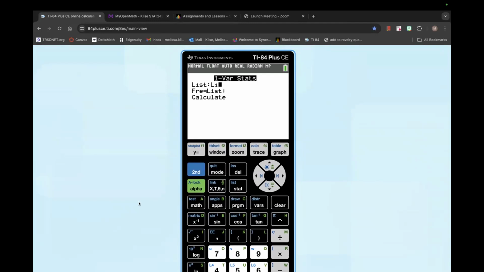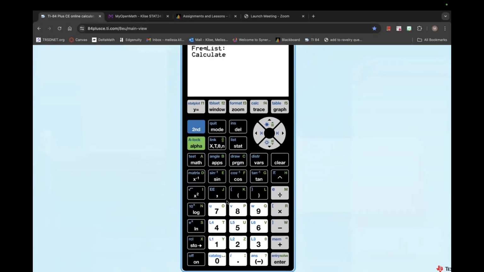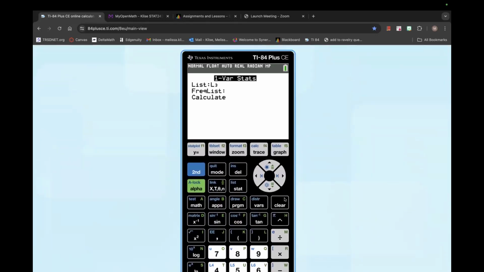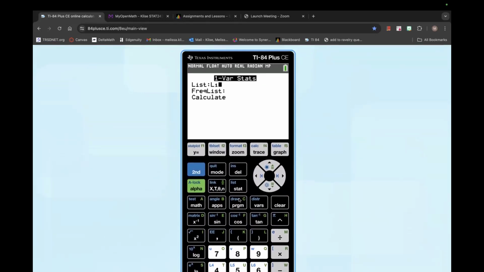If my data was in L3, then I could do second 3 and use the L3 list instead. But we're using L1 right now. We're leaving the frequency list blank. And then you're going to go down to calculate and hit enter.